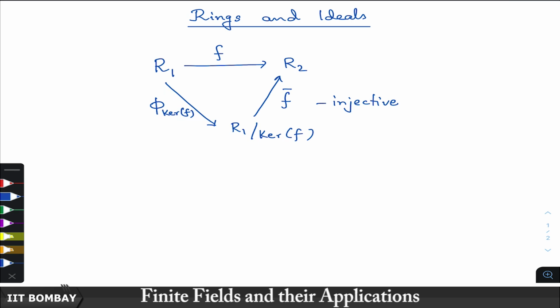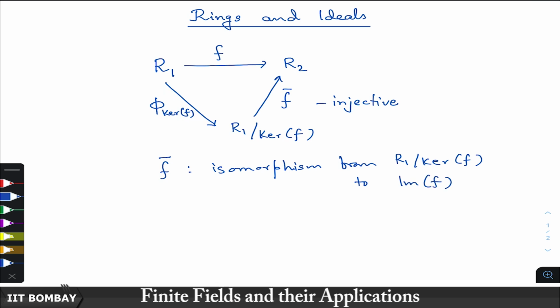Otherwise, this F bar is an isomorphism of R1 by kernel F with the image of F. So, this F bar is an isomorphism from R1 by kernel F to image of F. This defines an isomorphism.